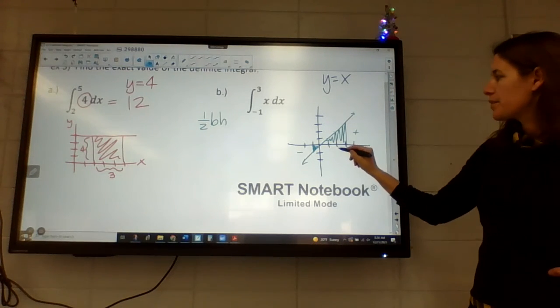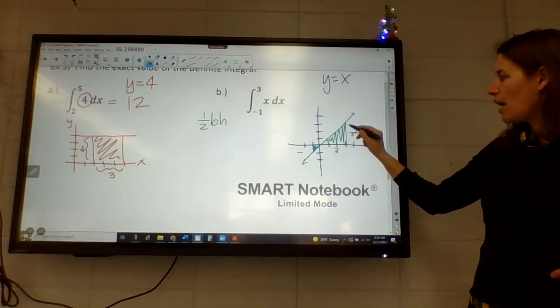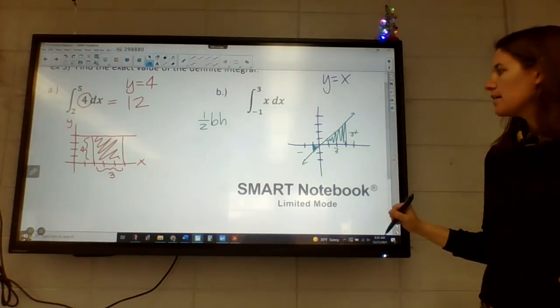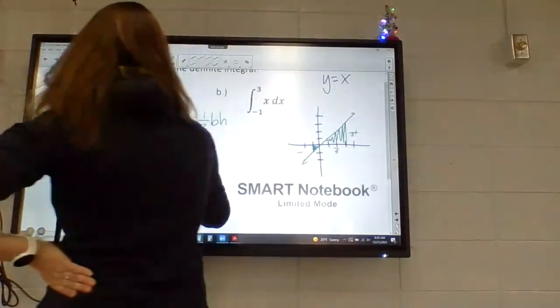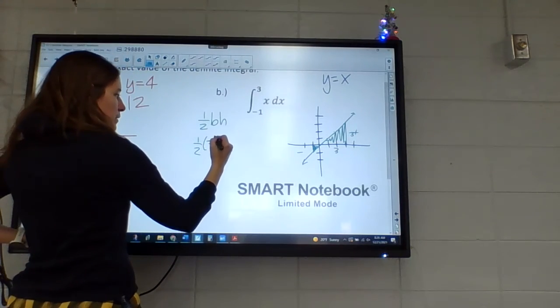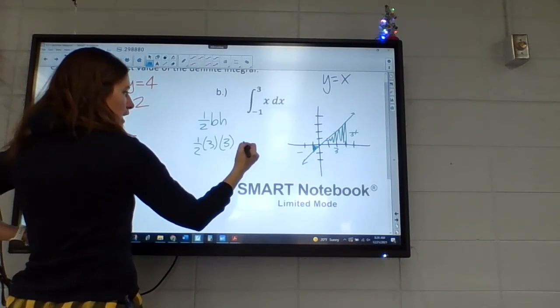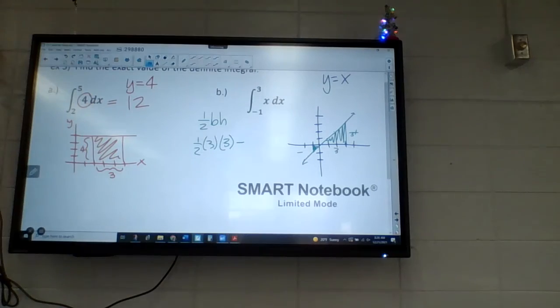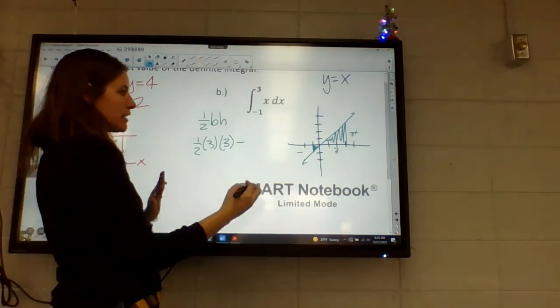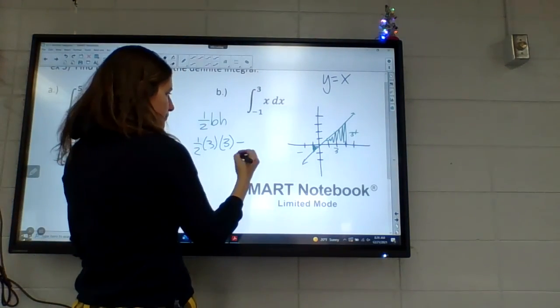So this is 3 wide by 3 tall. That's my little area there. So the first one is going to be half 3 times 3. But then I'm going to subtract off, or I guess you're adding it, but it's a -1.